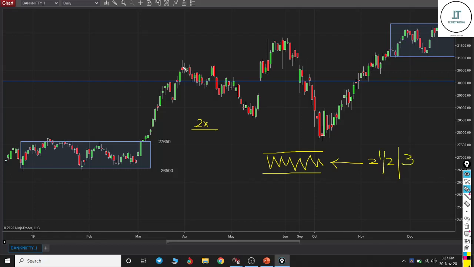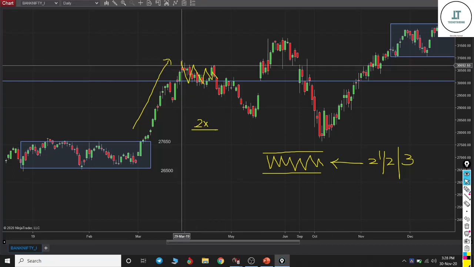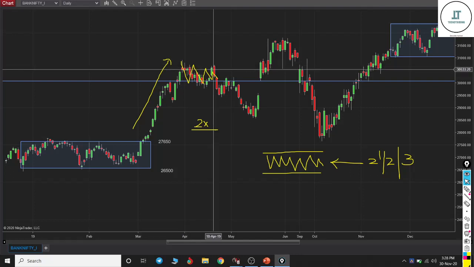So look at this. After the markup phase, after this entire up move, price was in a balance, but look at the time, 29th March to 8th April, less than 1 month. So this is not a distribution. Yes, price came down, still it is not a clear distribution.